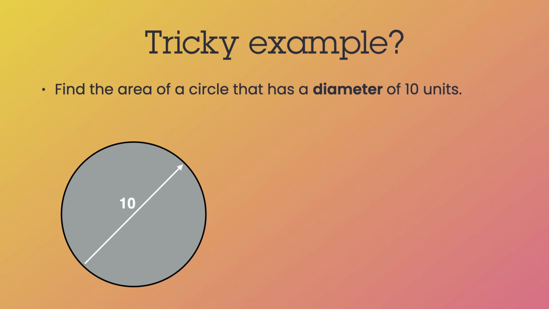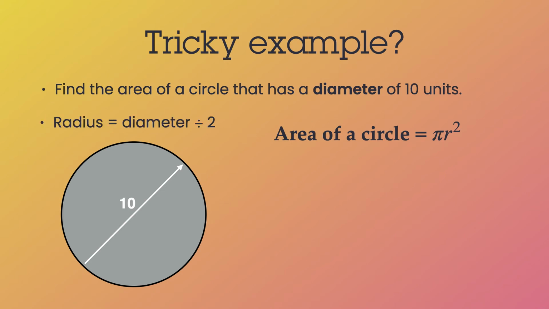Now the area of a circle we know is pi times r squared. So we have to somehow get from diameter to radius. It's a really easy conversion since radius is from the halfway point out to the edge and the diameter is all the way from one edge to the other. The radius is just the diameter divided by 2. So if our diameter is 10, our radius is 5.